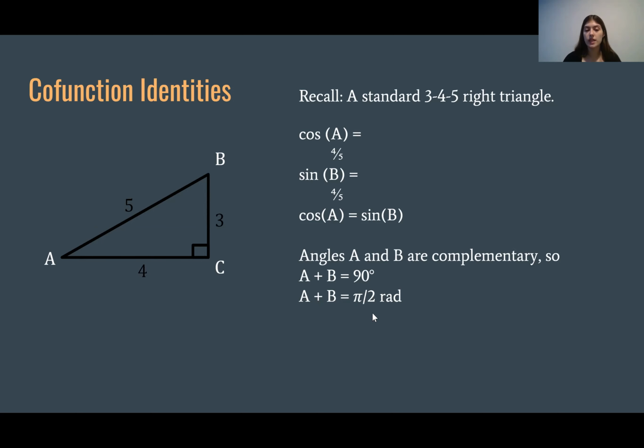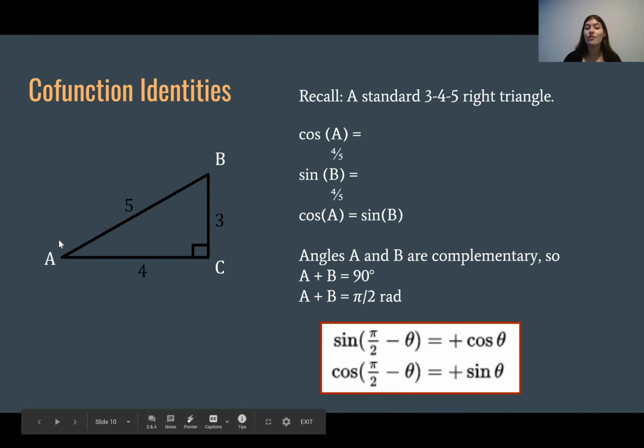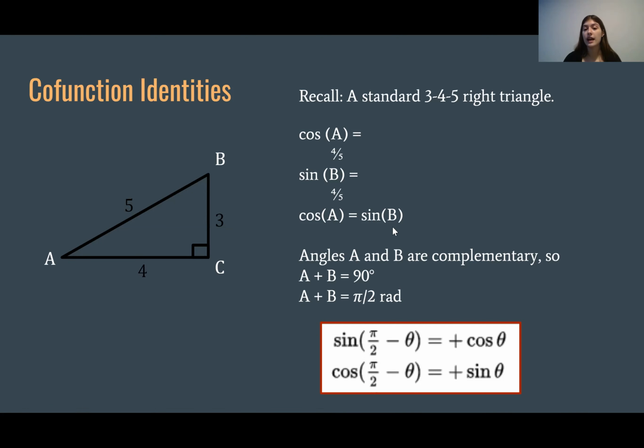So this is how we get our co-function identities. So sine of pi over 2 minus theta equals cosine theta. So the sine of A is equal to the cosine of B, and cosine of A is equal to the sine of B. Cosine of A is equal to the sine of its complementary angle, and sine of A is equal to the cosine of its complementary angle.